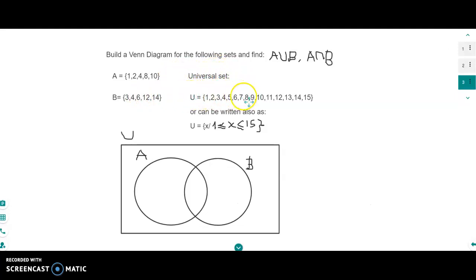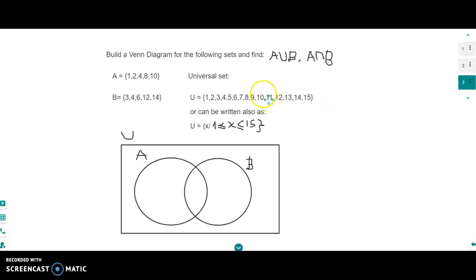So this is information from the problem. So we have the universal set with all these elements. Remember, the condition for the universal set is that it should include all the elements from A and B, and it can have even more numbers. For example, look, 15 is not in any set, but it is in the universal set. It's an extra element. What else? For example, 11.